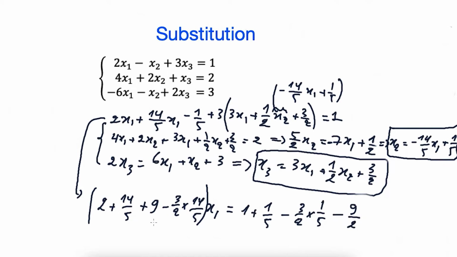So when we sum this part, over 5 we have 10 plus 14 plus 45, minus 3 times 7, which is minus 21 x1.